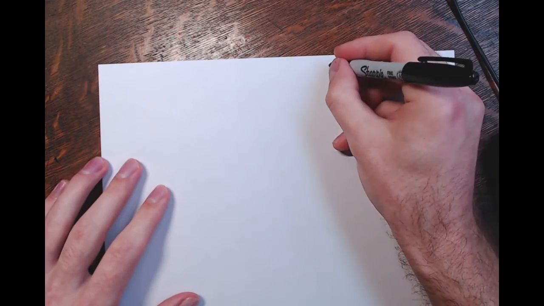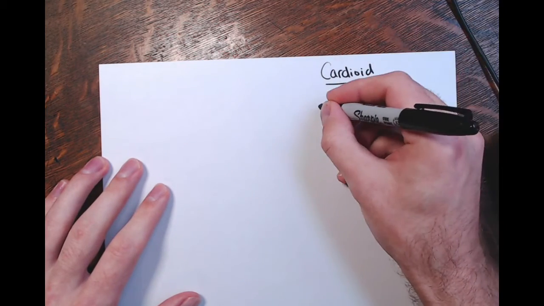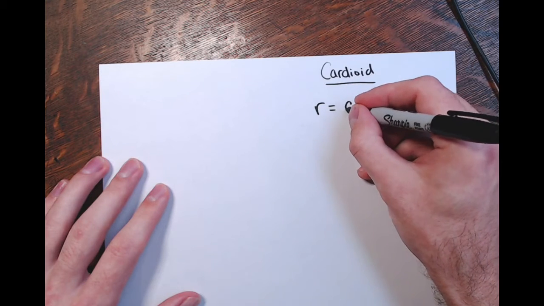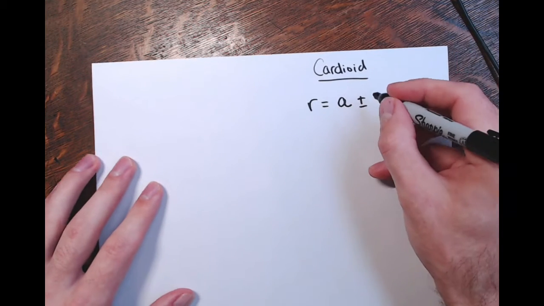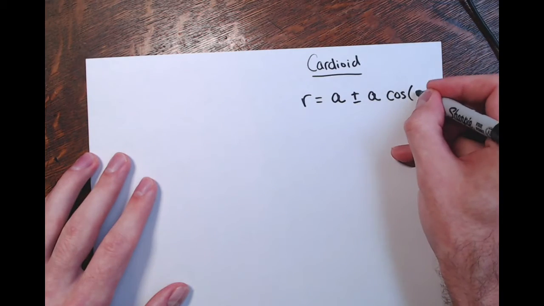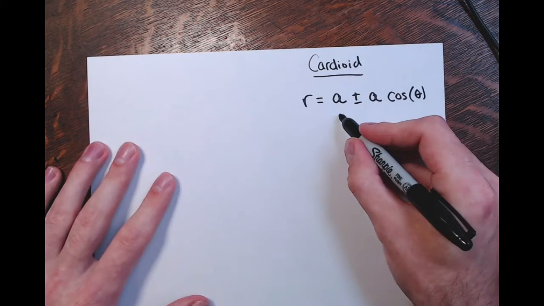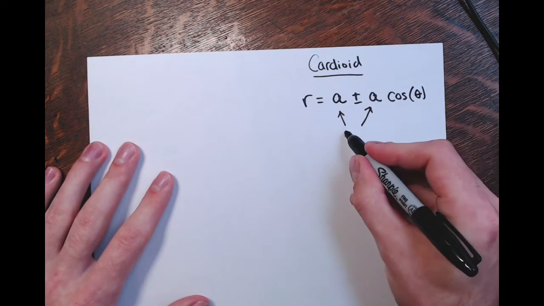All right, so first of all, let's talk about those cardioids. A cardioid looks like this: r equals some number plus or minus that same number, times the cosine of theta or times the sine of theta, as long as these two numbers have the same magnitude, the same absolute value.